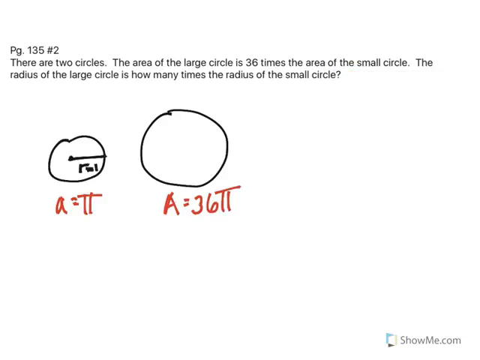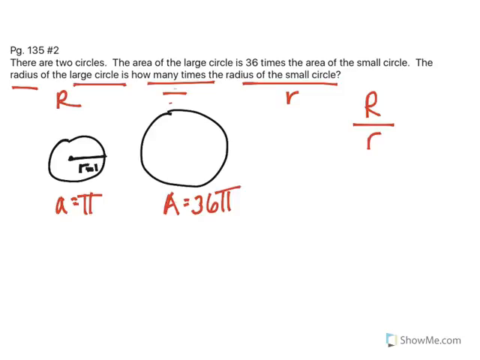The radius of the large circle is how many times the radius of the small circle. So how many times means divide. Radius of the small circle is a small r. So ultimately, we need to find the radius of the large circle divided by the radius of the small circle. This is what we ultimately need to find.